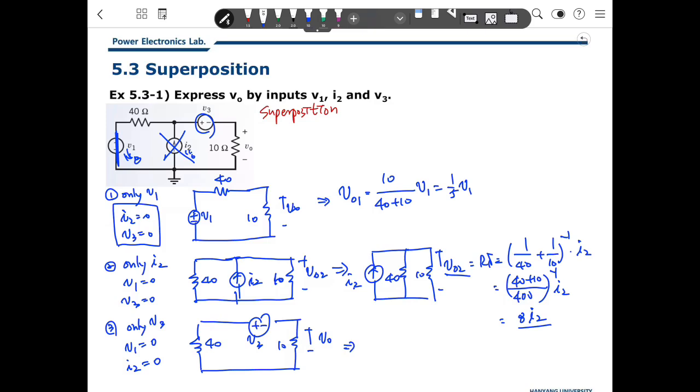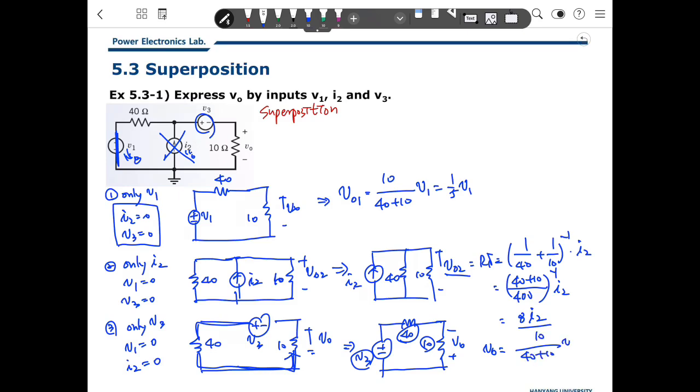So we can draw it again. This is V3 and 40, and we meet 10 here. That means this is minus, plus VO. So VO is V3 divided by 40 and 10, so 10 over 40 plus 10 times V3.